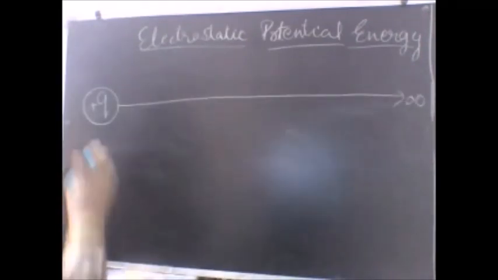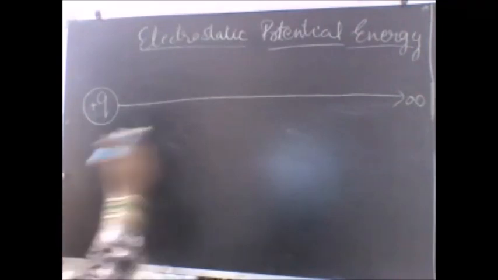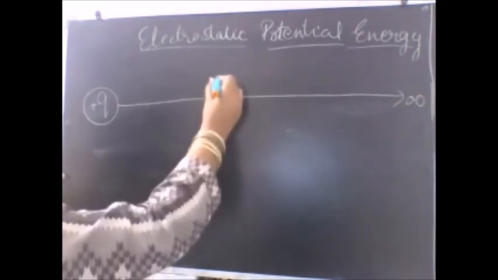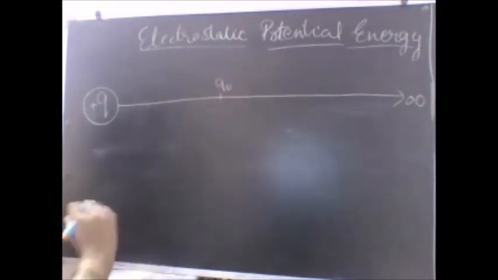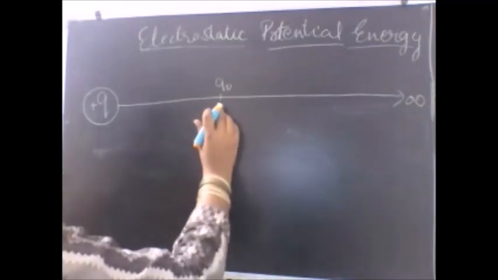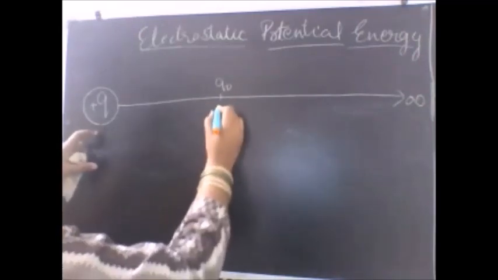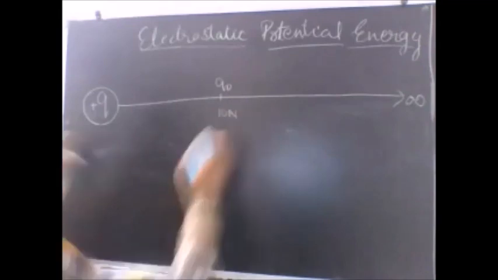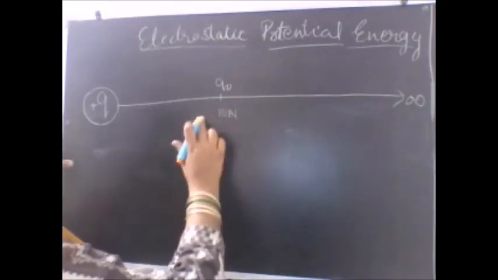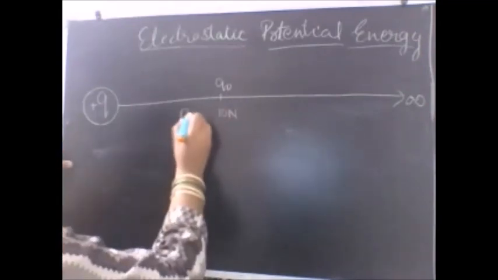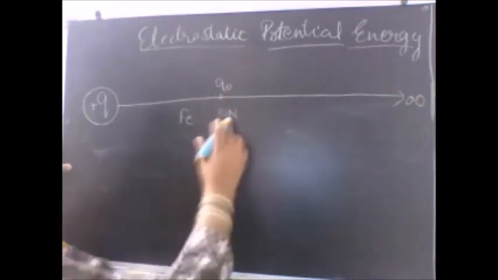So assuming that the source charge Q is there and there is a charge Q naught over here, Q naught will experience the force of repulsion, and assuming the force of repulsion that it will experience here is 10 Newton. This is the electrostatic force that this charge is going to experience, 10 Newton here.